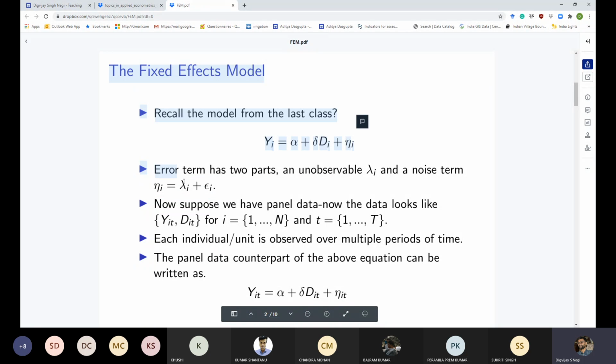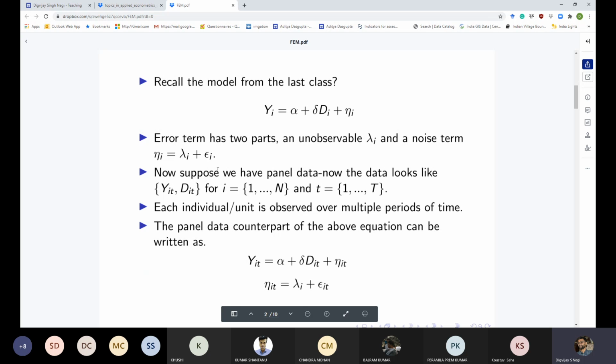One was this unobserved variable lambda i, and the other was epsilon i, the IID error term, the noise term, the true error, the residual. But this eta i, the composite error, had the true error term and an unobserved variable. It can be ability, it can be soil types, all those things.